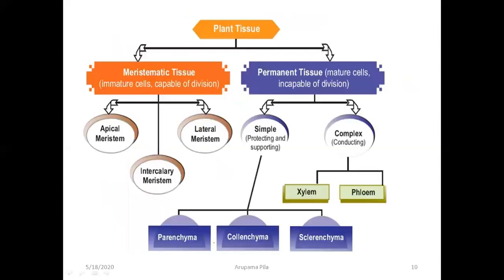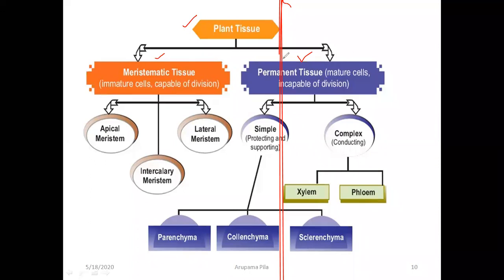Okay. Now, in this flow chart, you can see that plant tissues are divided into two important tissues, that is meristematic tissue and permanent tissue. And these meristematic tissues are further classified into apical meristem, lateral meristem and intercalary meristem.